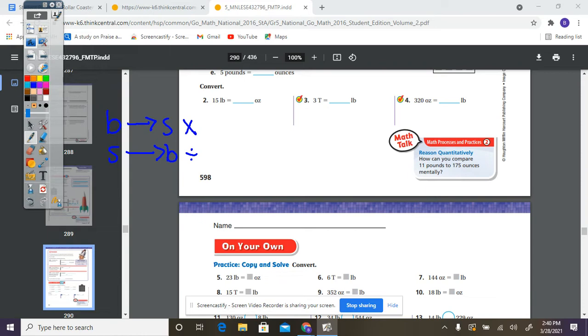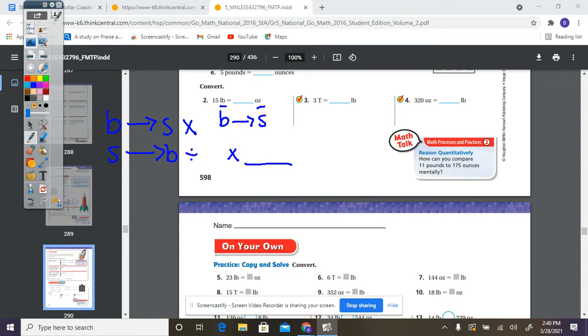On number 2, they're converting pounds. This LB stands for pounds. I know that's kind of confusing, but the LB stands for pounds. The OZ stands for ounces. So pounds to ounces. That means I'm going from big to small. So when I go from big to small, I'm multiplying.